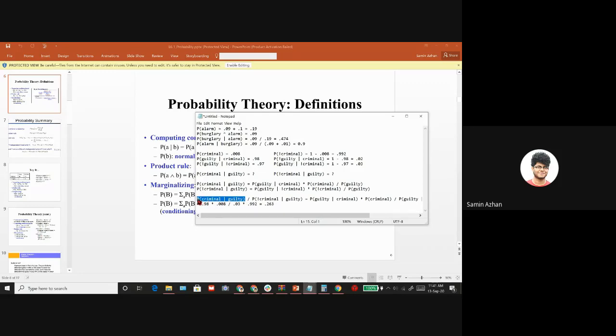The probability of criminal given guilty or the probability of not criminal given guilty? If we're dividing two values and we get an answer less than 1, what can we infer? What can we conclude from that? Which value is greater, the value on the top or the value at the bottom?